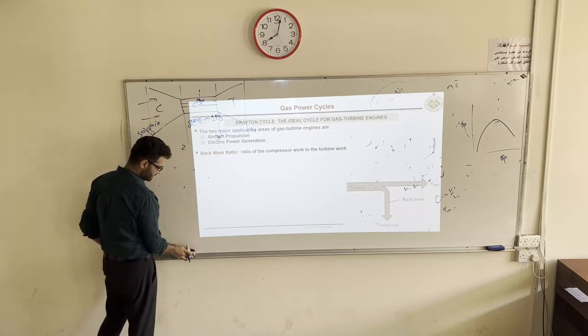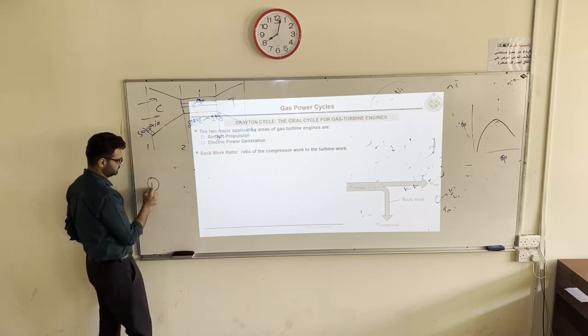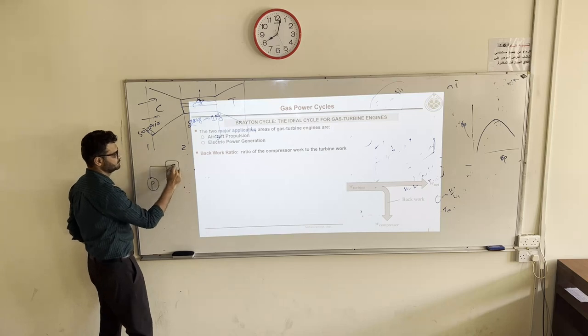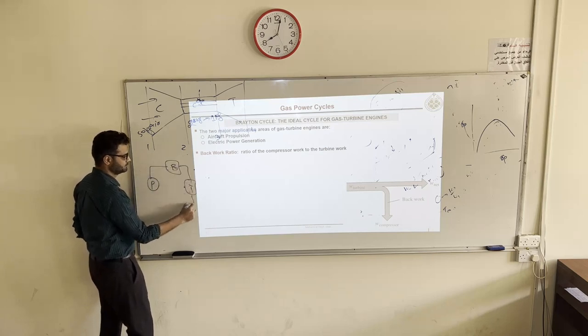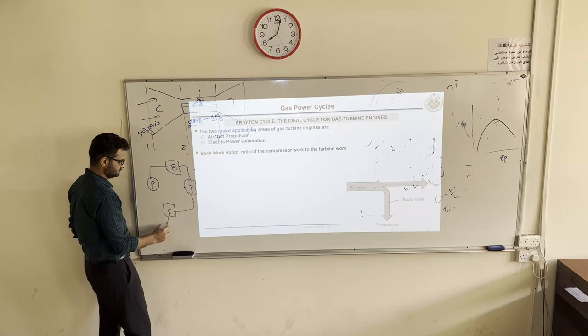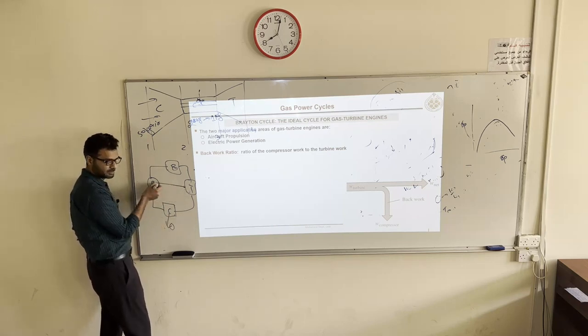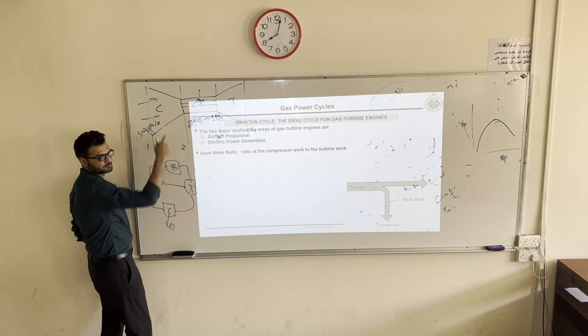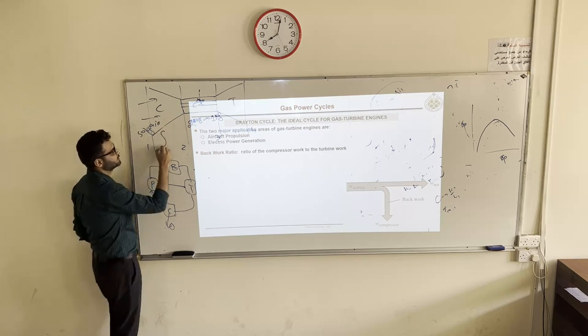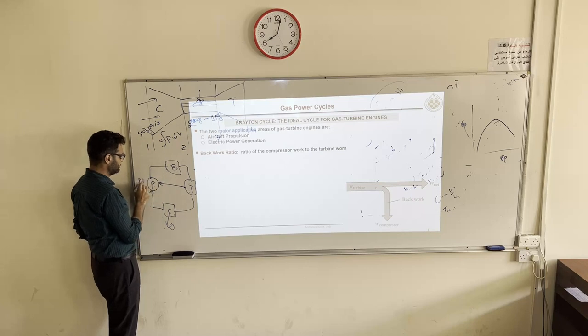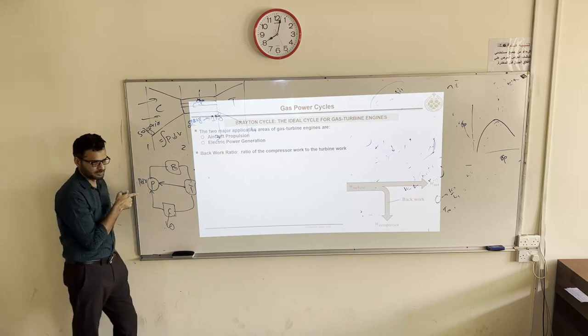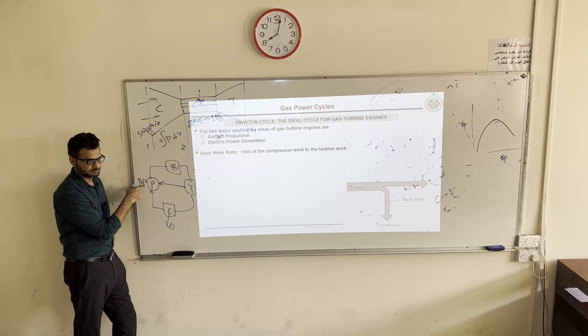Now let's compare it with a steam power plant. Here, the turbine is also supplying work to the pump. Yeah, so it's liquid here. Here it's air. So here PdV and here PdV, because the change in volume is negligible here.